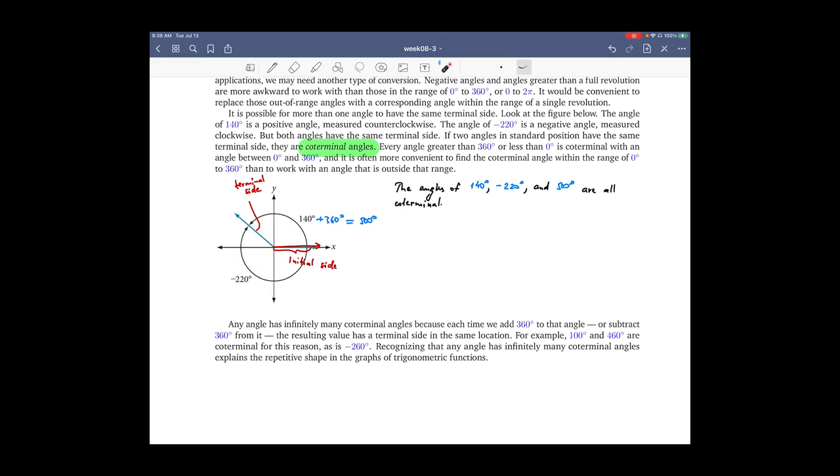Each time you get a different coterminal angle, or subtract 360 one time, subtract 360 another time, subtract 360 a third time, and so on. And again, each time by subtracting 360 degrees, we will obtain an angle that is coterminal with the one that we began with.